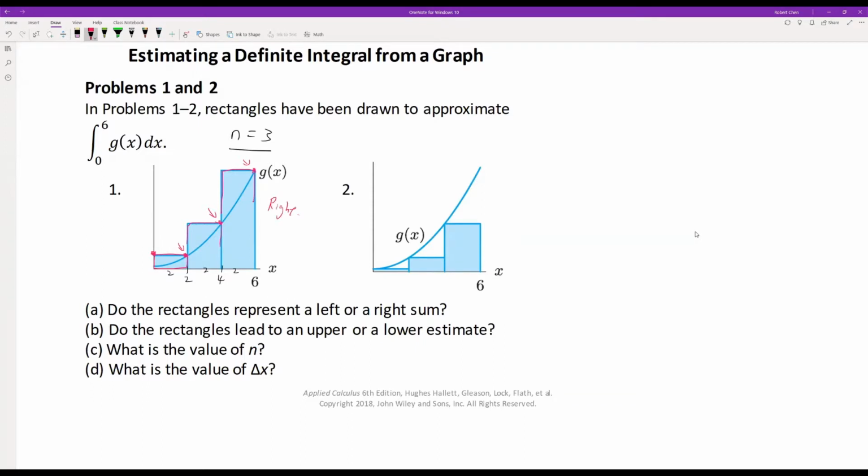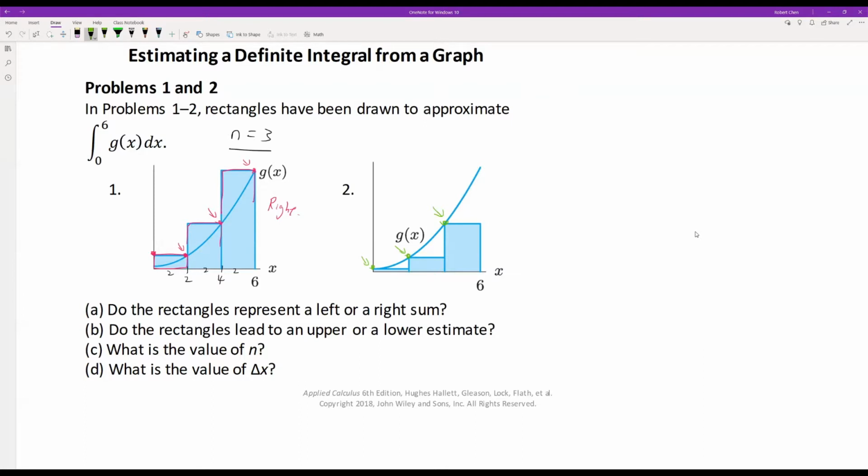And then you can look at part 2, and that will be the left-hand sum. Left of the interval, and left of the interval. So right-hand sum and left-hand sum determines whether you use the left point or the right point of the interval to construct the rectangle.